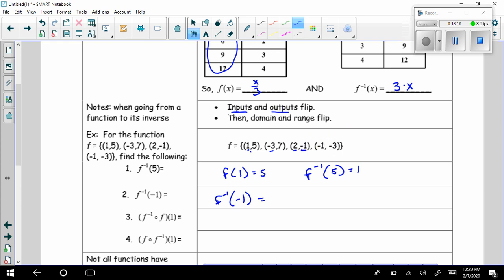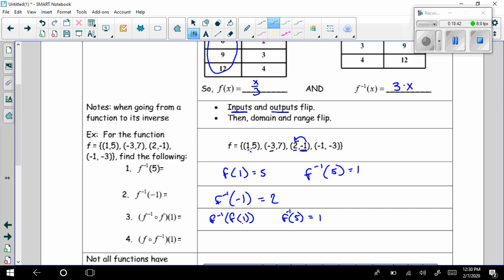I didn't see that one. And we have our -1, and so we're looking at getting the x value instead. So when you're using inverses, look at your y values. And here we're taking the inverse of the function at 1. Well, when the function is at 1, we get 5. And so we're taking the inverse function at 5, which is 1.